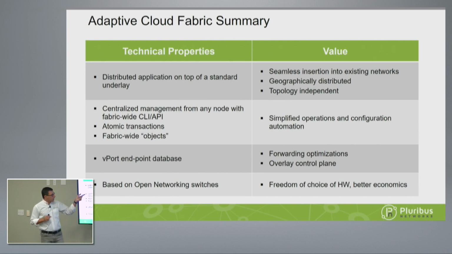Second, you have seen that we have the centralized operation, the fabric-wide API. We discussed the atomic transaction, the fabric-wide objects. These three concepts make it a pretty good environment if you want something efficient and simple to operate. Distributed objects: in one shot, you address and provision switches with standard constructs like VRF and Anycast gateway and things of this nature.